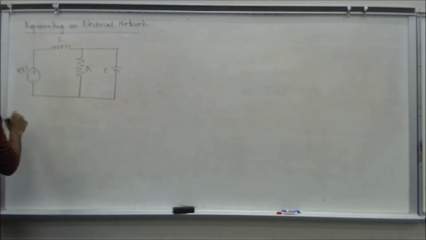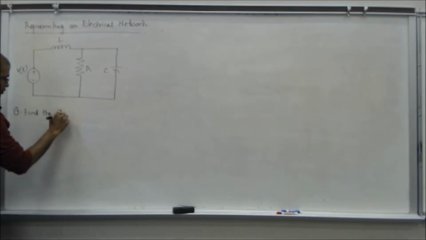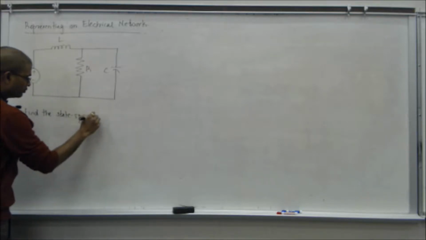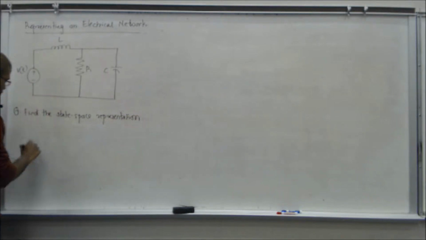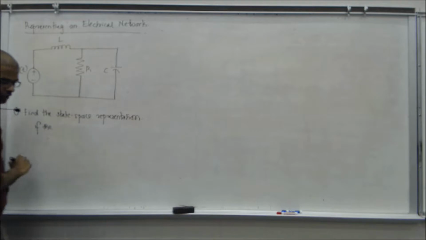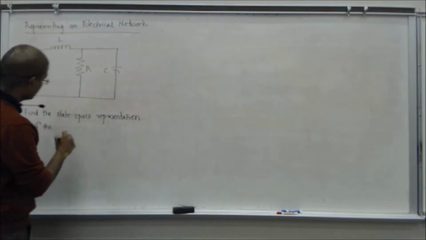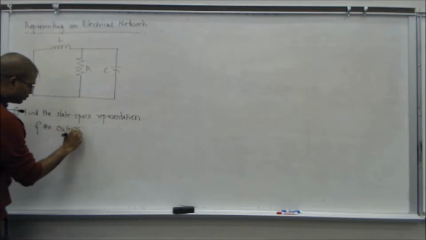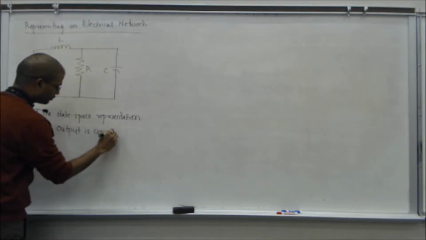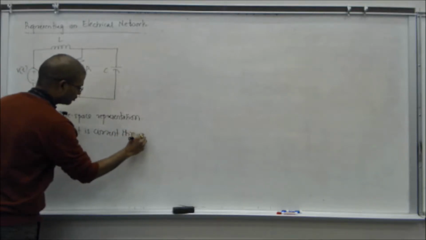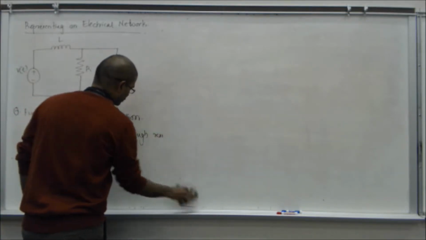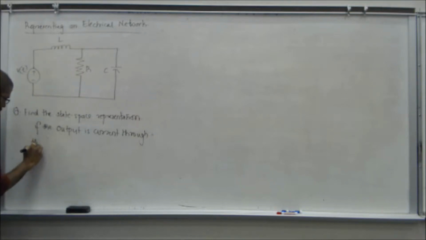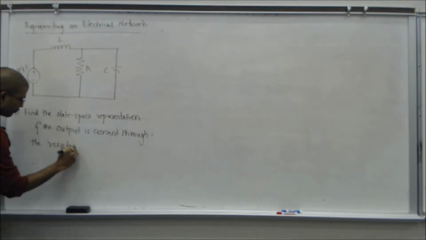So the question would be something like this. Find the state space representation if the output is current through resistor.